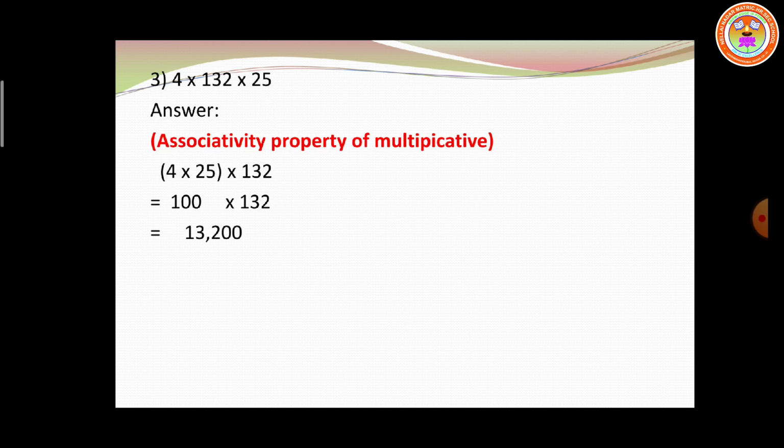Because if you multiply 4 into 25, you will get 100. Then it is very easy to multiply any number with 100. For easy purposes only, I have taken 4 into 25. So 100 into 132, the answer will be 13,200. Is it clear?